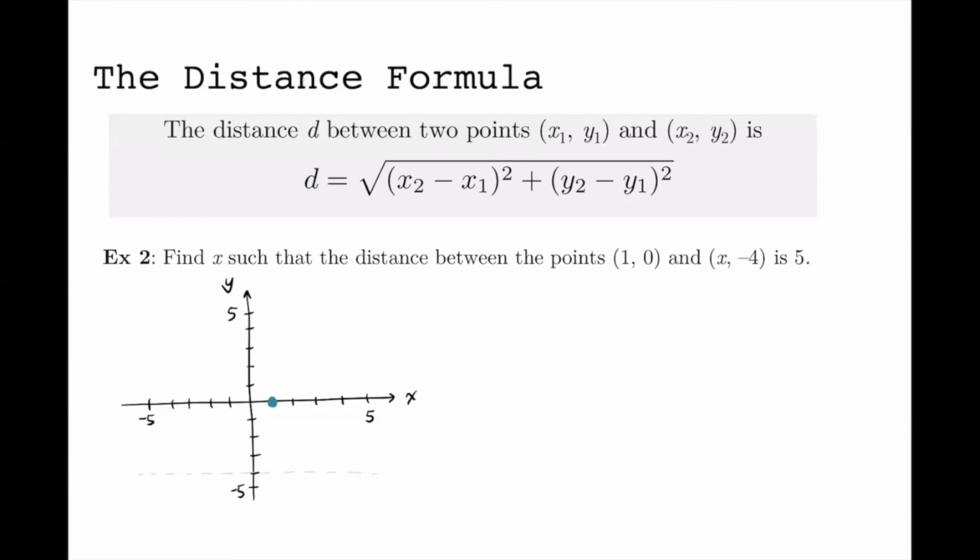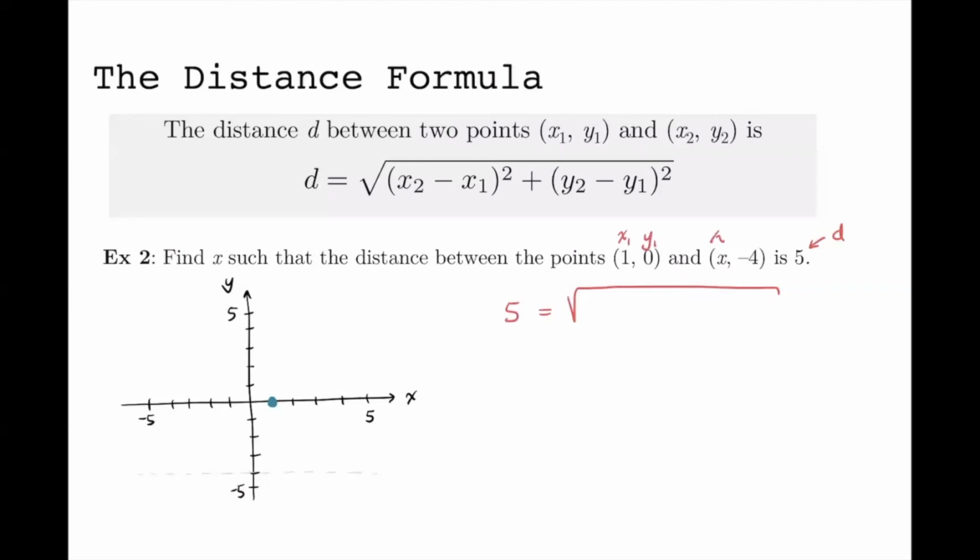Okay, so plugging into our distance formula, now we actually have that the distance d is 5. So we're going to have 5 equal to the square root. Now let's label our x1, y1 here. So I'm going to say x1 is 1 and y1 is 0.